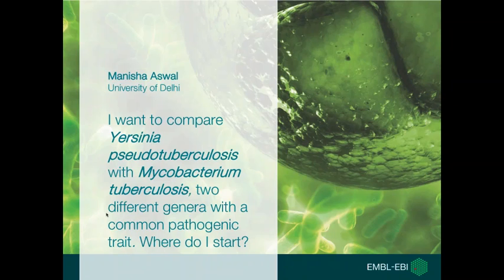which I hope will help you understand how to find the most relevant set of protein records for your work. Manisha Aswal is a student at the University of Delhi, and she wanted to compare two different species of bacterium: Yersinia pseudotuberculosis and Mycobacterium tuberculosis. They are quite different, but they have a common pathogenic trait.